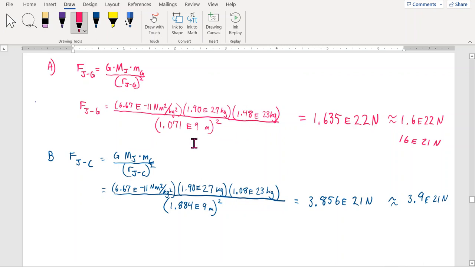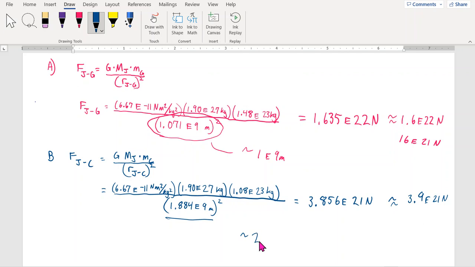And then let's look at the distances between Jupiter and Ganymede and Jupiter and Callisto. So Ganymede is 1.071, or essentially 1, times 10 to the 9 meters. And then if we take a look at Callisto, this will take a little bit more rounding. This is 1.884 times 10 to the 9. So about 1.9. I'm going to round it up a little bit more.